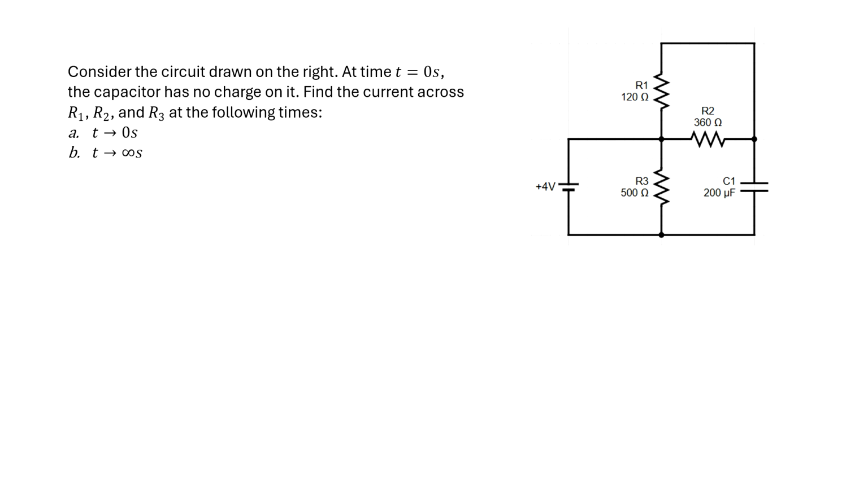And so those two, the 0 and infinity, are really more indicative of the behavior here at this capacitor. That's what's going to be affected by the time. I'll point out also that where I say the capacitor has no charge on it at t equals 0, these are like keywords where I'm trying to tell you that this is a charging circuit as opposed to a discharging circuit.